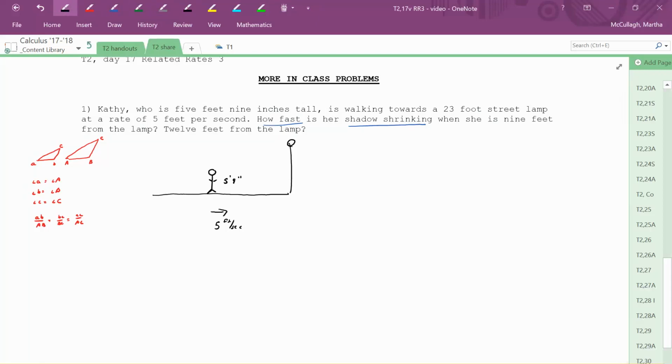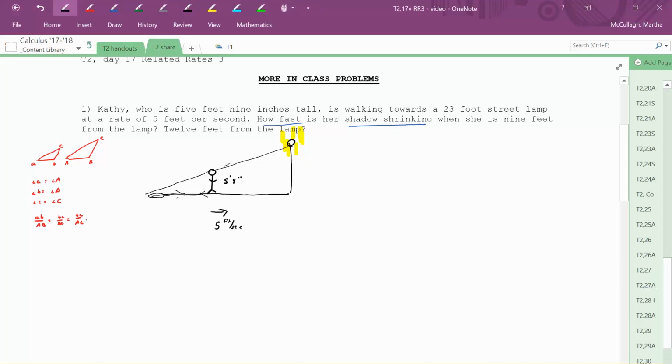So we need to get some definitions here, defining our variables so we know what's going on. Well, if this is a street light with light coming off of it, we know that it's going to cast a light down towards Kathy, and her shadow is going to be out here.